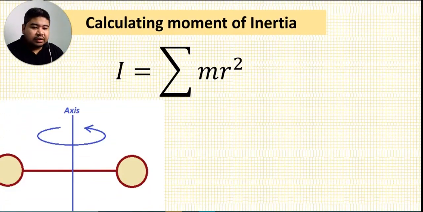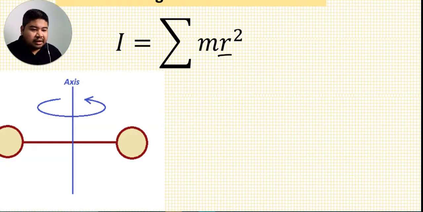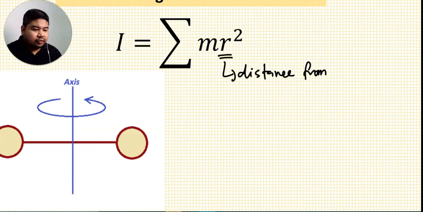The equation to calculate the moment of inertia is I equals the mass times r square. So r here is the distance from the rotating axis.